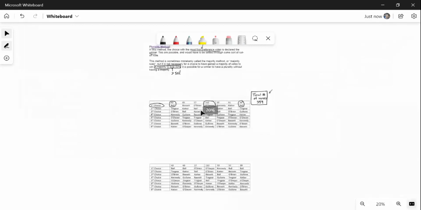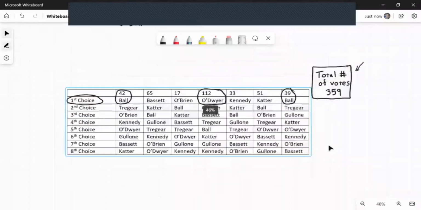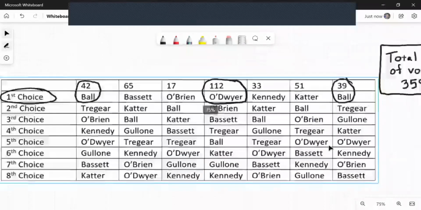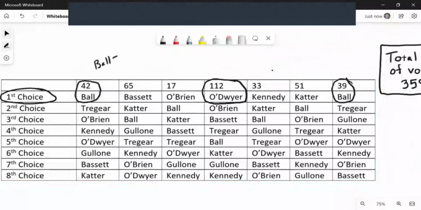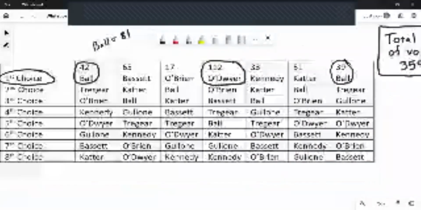That's just a different ranking system. Oops, sorry about the zoom out there. And so it turns out that Ball has a total of, well, we have to add up 42 plus 39 is 81. So Ball has actually a total of 81 first place votes. O'Dwyer still has more than that. I don't see any other repeats in the top. So we would now declare our plurality winner to be O'Dwyer.